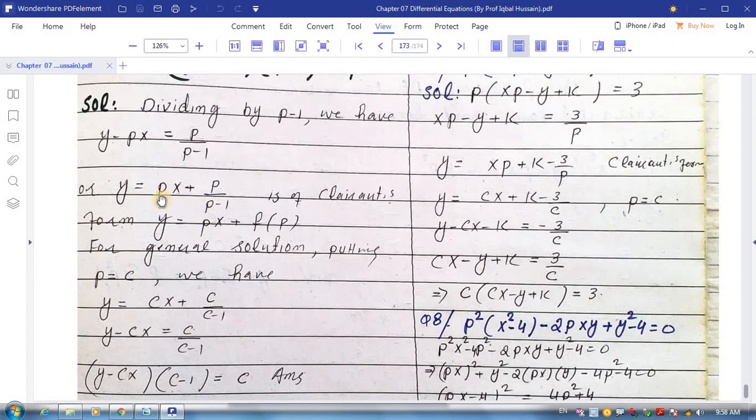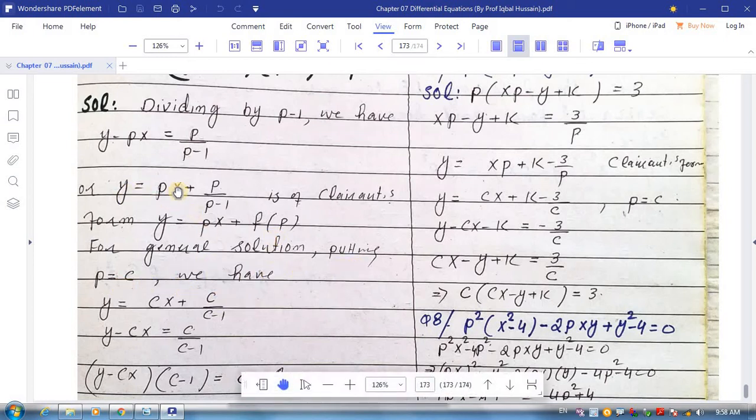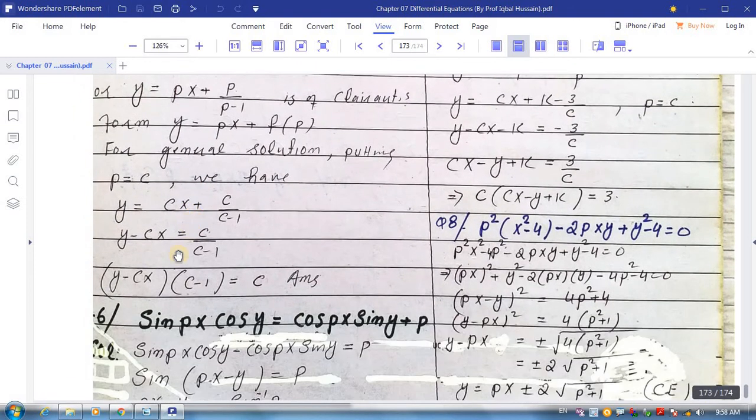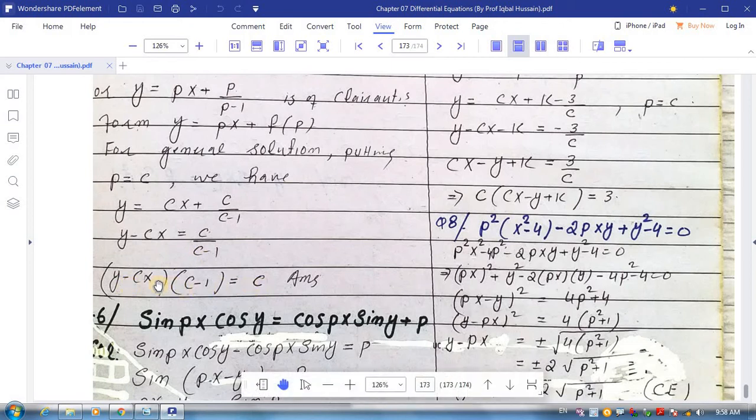This is a differential equation of the form y is equal to px plus f of p, so this equation is of Clairaut's form. For the general solution, replace p by c, we get y is equal to cx plus c divided by c minus 1, that is y minus cx is equal to c divided by c minus 1, multiplying by c minus 1. This is the general solution.